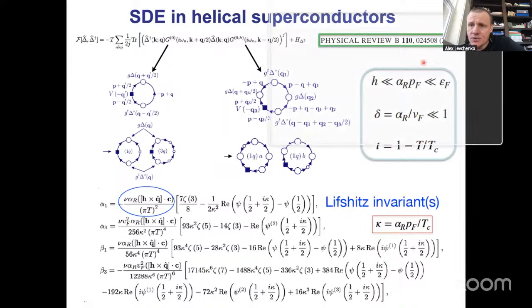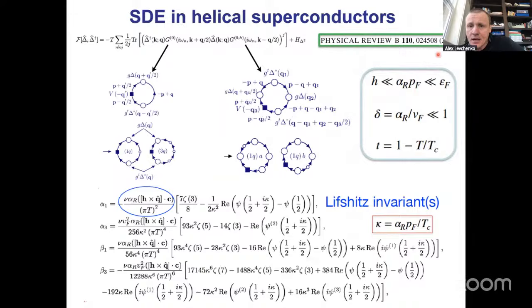I would like to work in the hierarchy of energy scales where the Zeeman field is smallest. Then we have the scale of Rashba splitting, and of course, both of them are much smaller than the Fermi energy. And then we have an additional parameter, which is the ratio of Rashba to Fermi energy. It's also a small parameter in the problem.